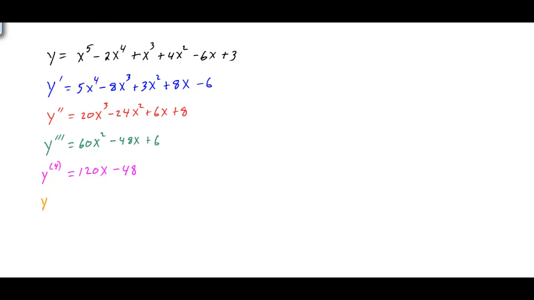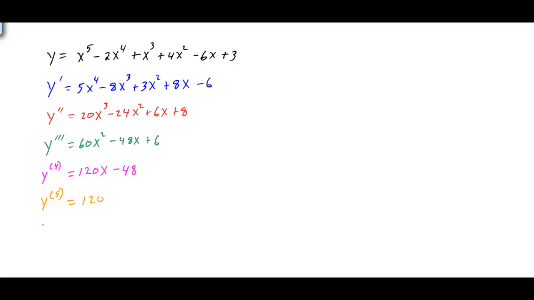And we could actually take the fifth derivative, and you'll notice here, instead of writing 4 or 5 prime marks, you put a little 4 and 5 in parentheses to indicate you're taking the fourth or fifth derivative. And the derivative here would be 120.